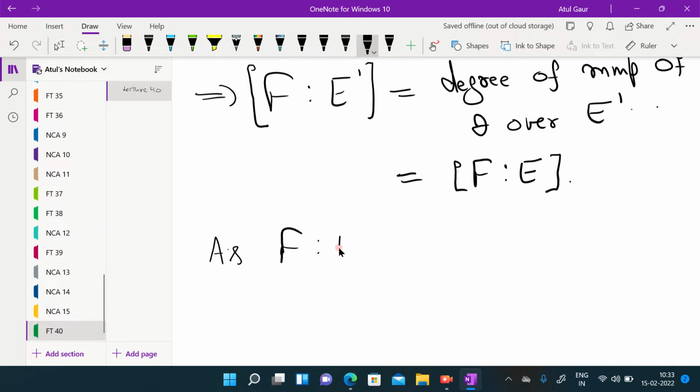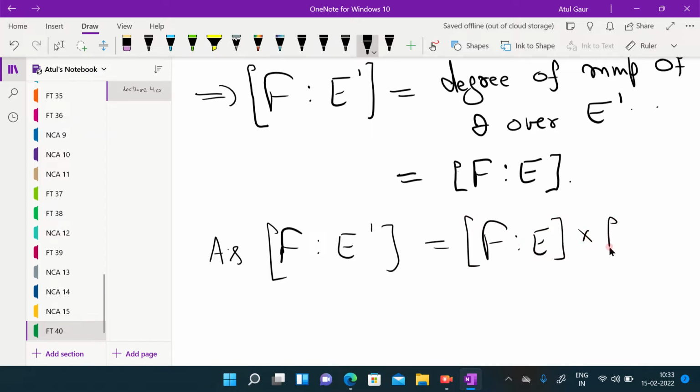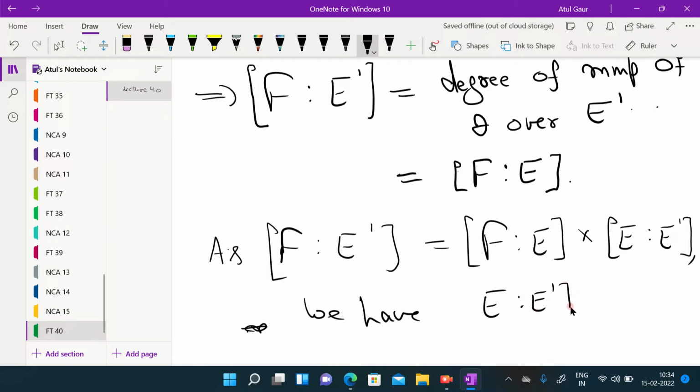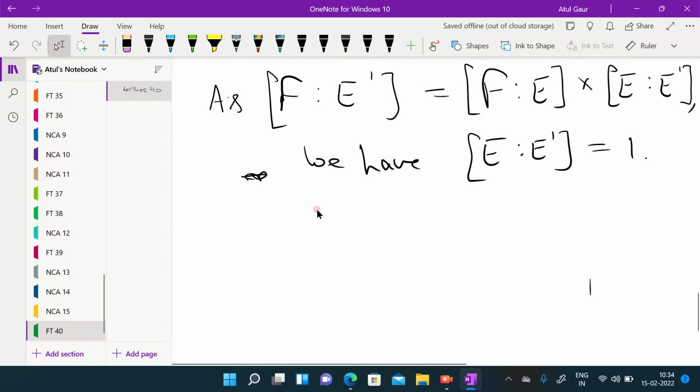E dash is equal to E because F over E dash, this is same as F over E into E over E dash. और finite extension आपको दे रखा है, so all these extensions are finite extension. So we have that means E equals E dash.